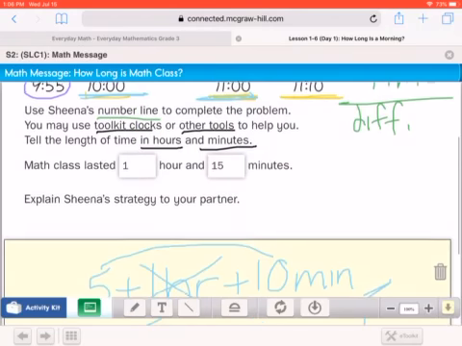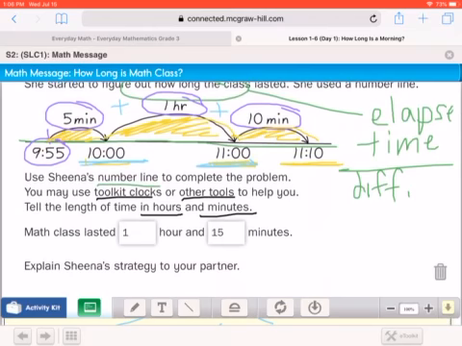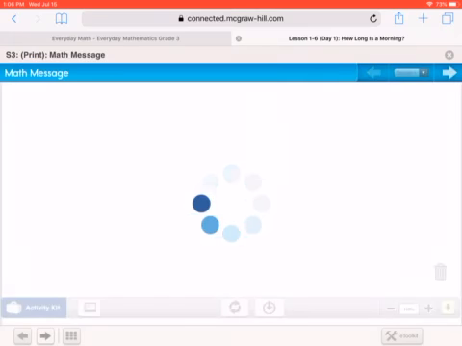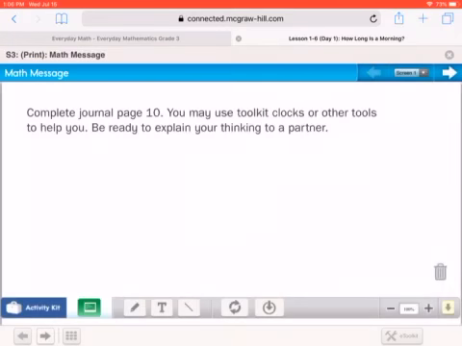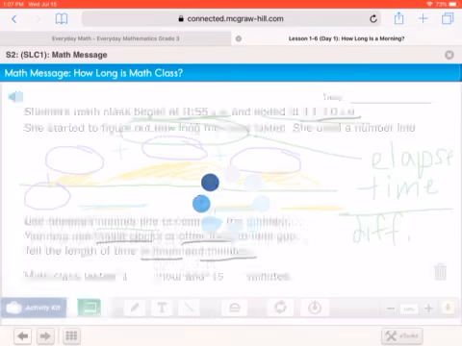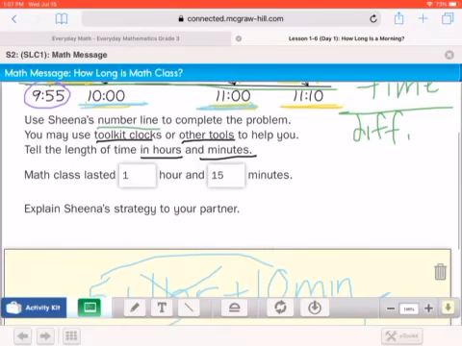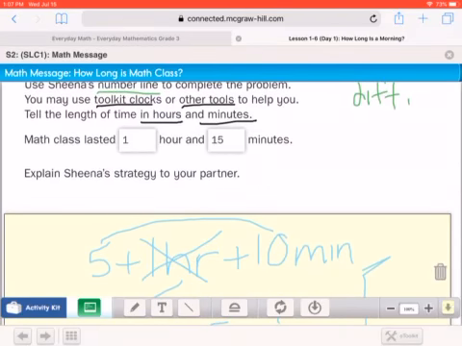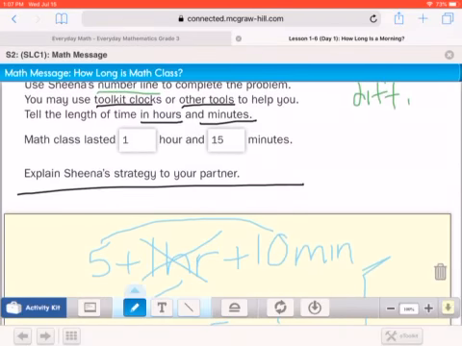Okay? And now I can go on, because the next part of the question asks, explain Sheena's strategy in your own words. I pressed the wrong button. Sorry, guys. Okay. Explain Sheena's strategy in your own words.